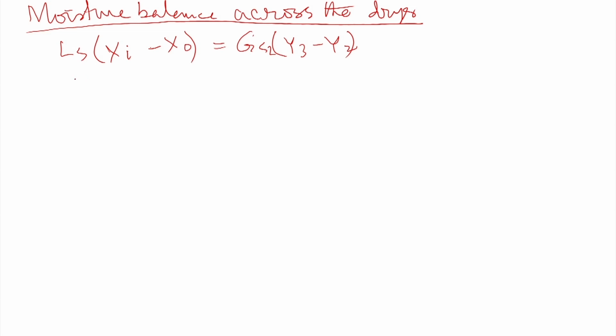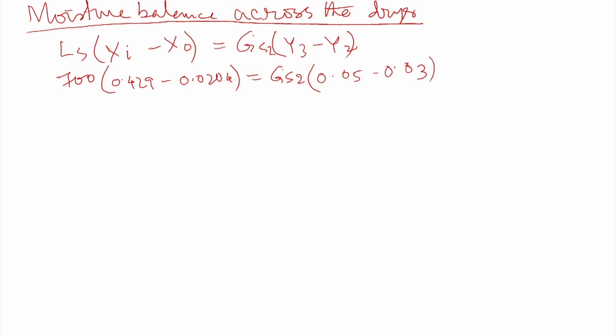So Ls is equal to 700, xi is equal to 0.429 and x out is equal to 0.0204. Gs2 we do not know, but we know the moisture contents y3 and y2, that is 0.05 minus 0.03. So from here, by manipulation, we will get Gs2 equal to 14,301 kg dry air.